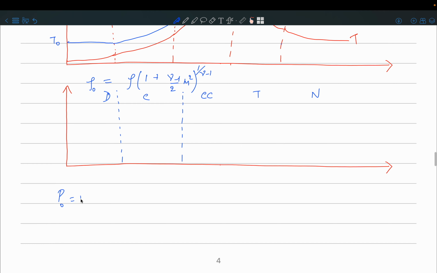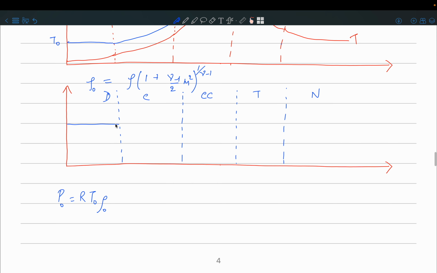That is, P naught is equal to rho naught R T naught. So what's going to happen to rho naught in the diffuser? P naught is not changing, T naught is not changing, so rho naught will not be changing, right? Stagnation density is going to remain same.